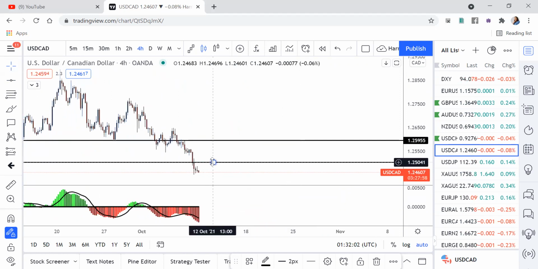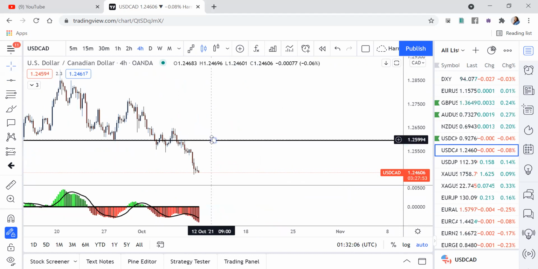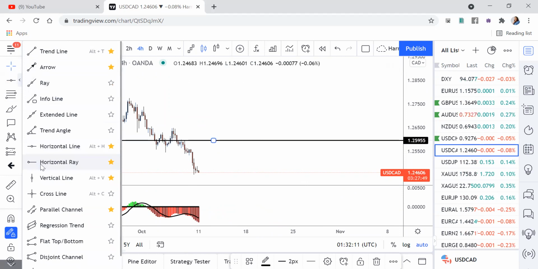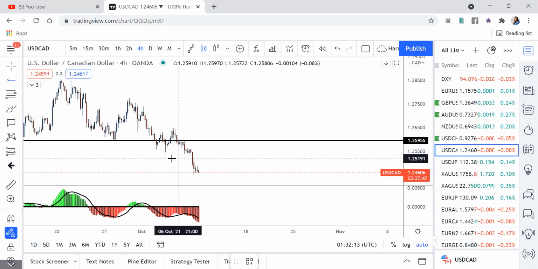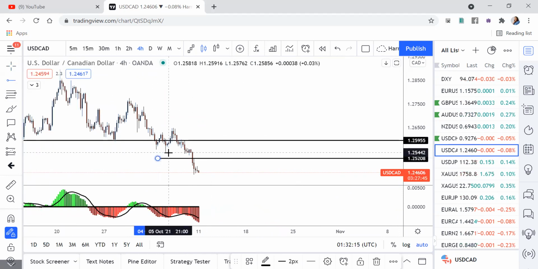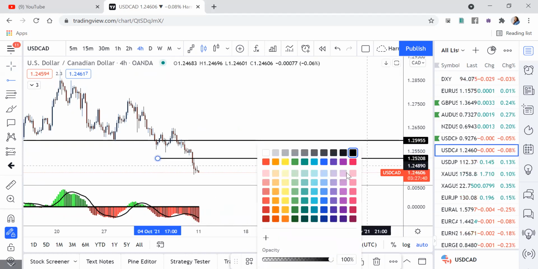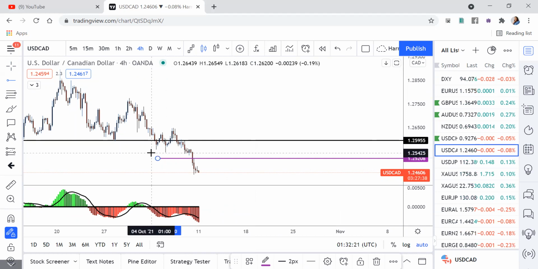So what we're looking at with USDCAD is a sell continuation. So this is what you're going to wait for. Wait for this.